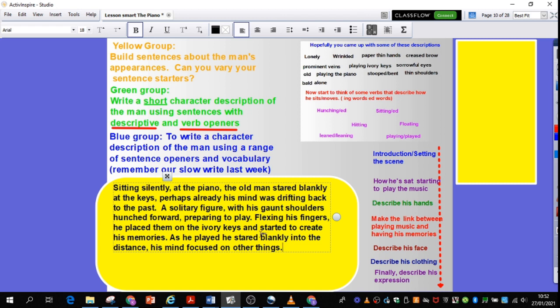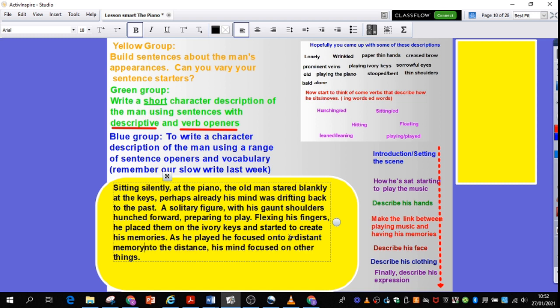Okay, now I've noticed here when I'm reading back in my head that I've got stared blankly here and stared blankly here. So I've got to change that. This is where my editing comes in. As he played, he focused onto, I'm going to take all this out, he focused onto a distant memory.